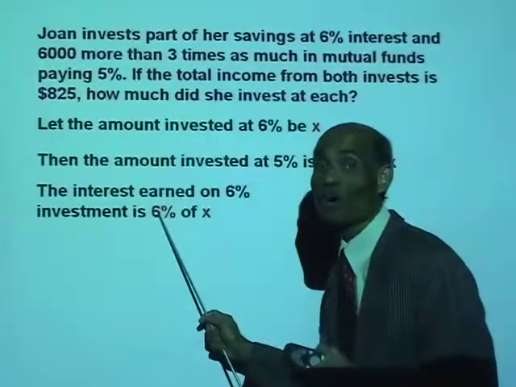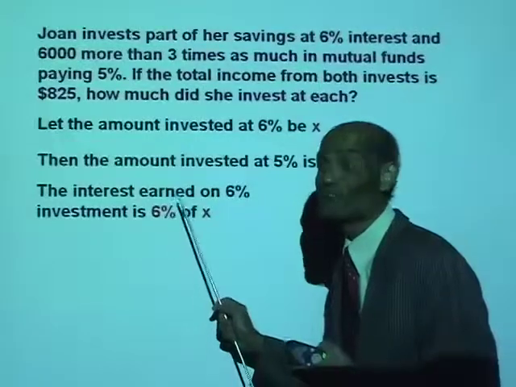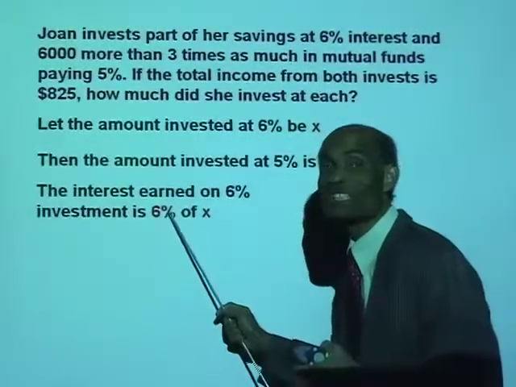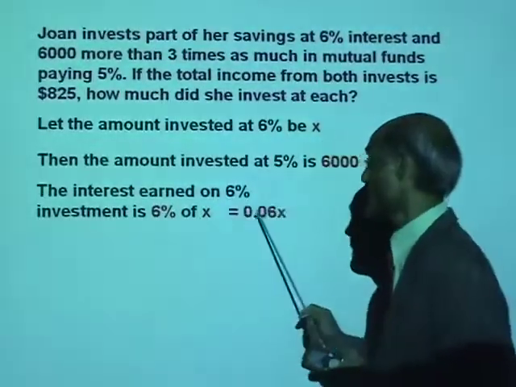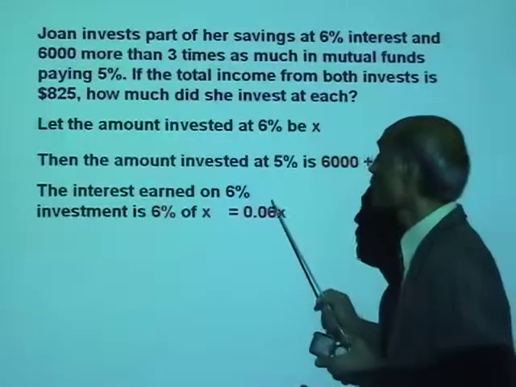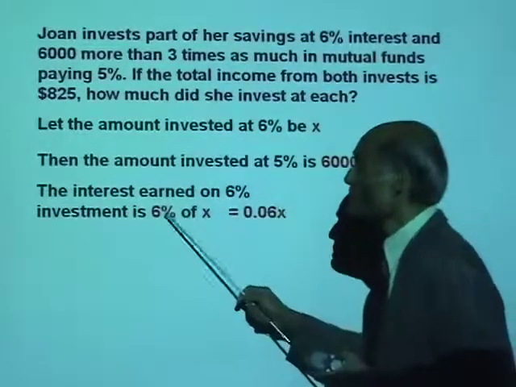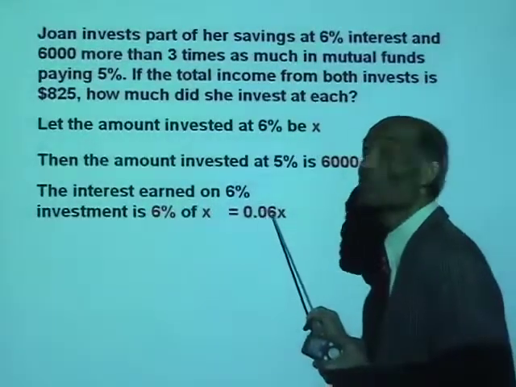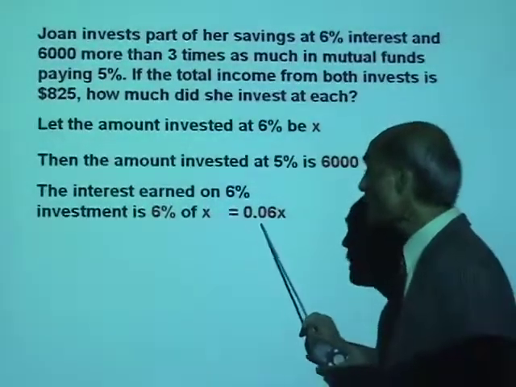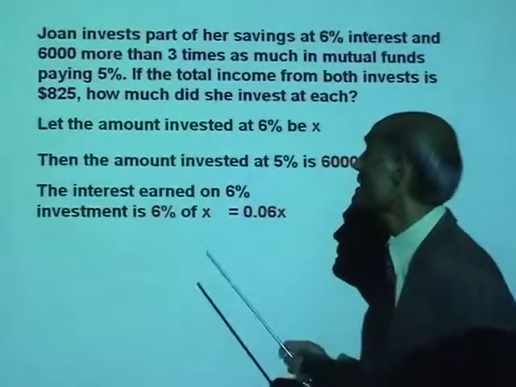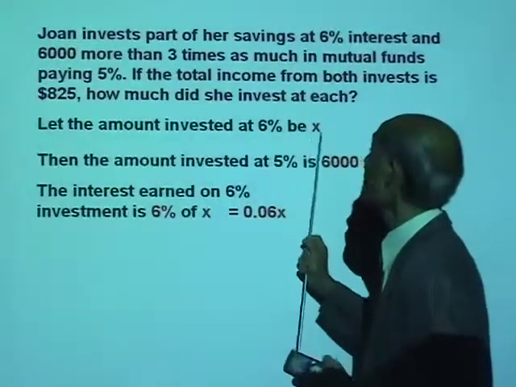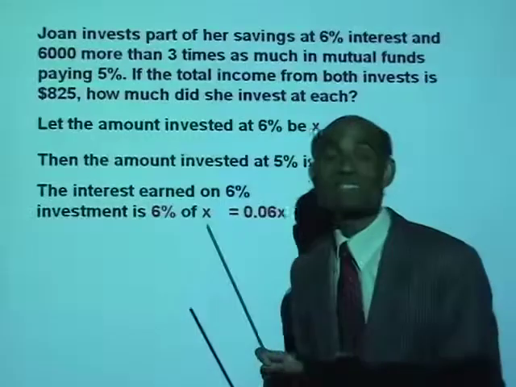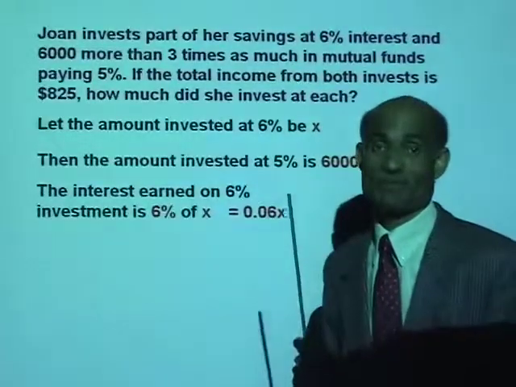That will be 0.06. So 0.06 times X, that will be 0.06X. 6% of X is 0.06X. Now that is the interest she will get on this X amount invested at 6% in 1 year.